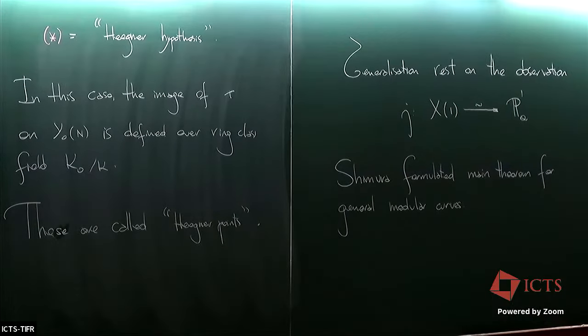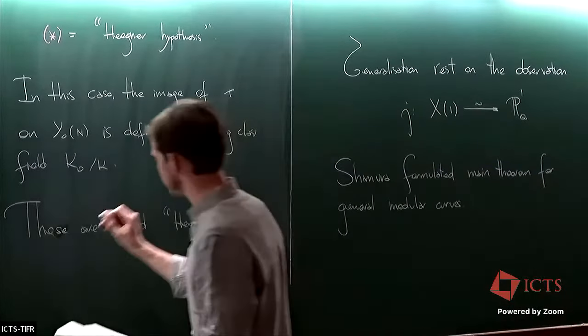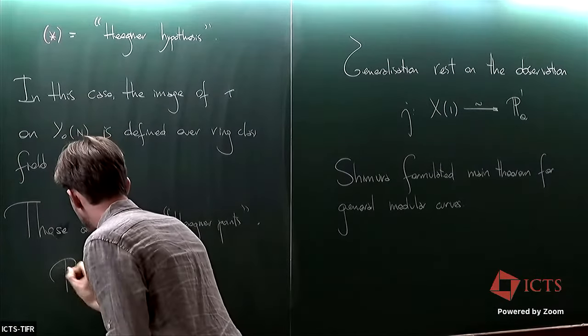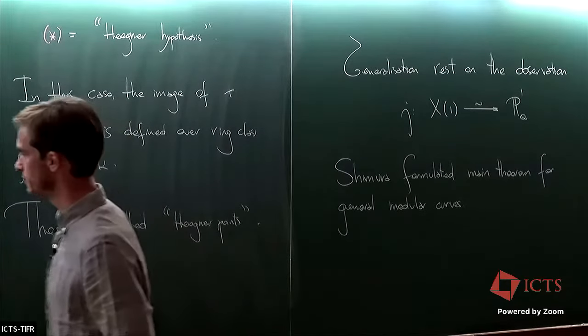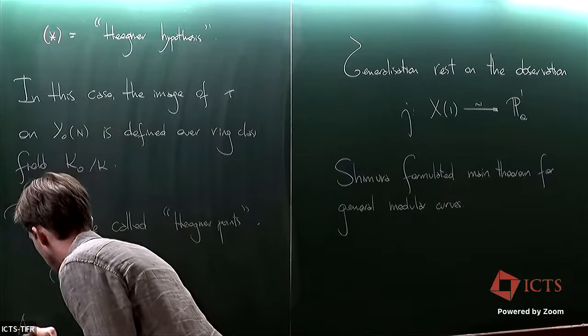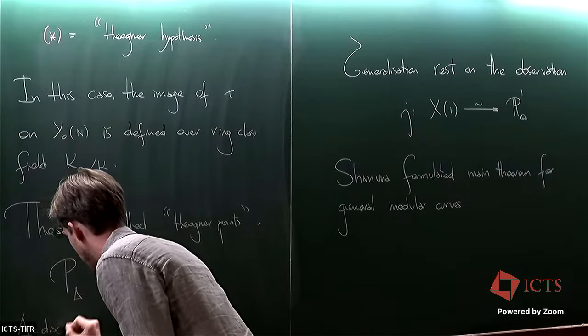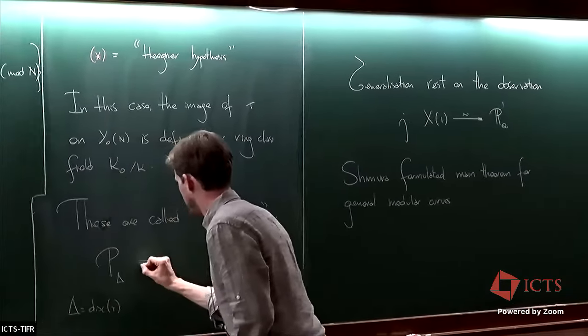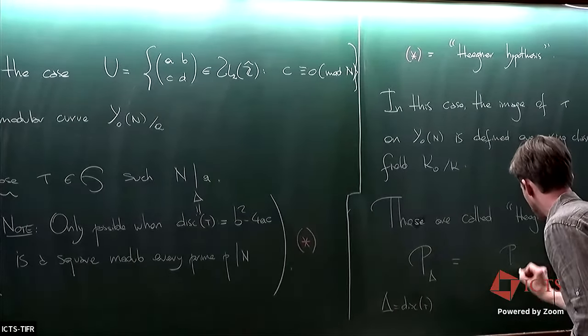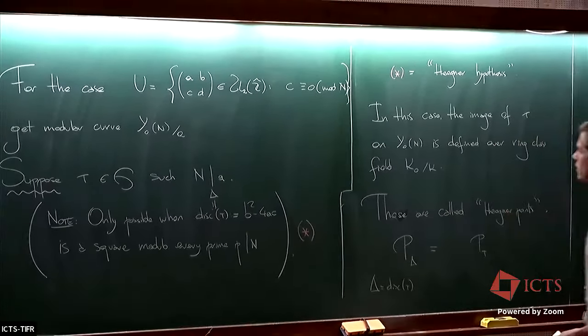Sometimes people call the following one the Heegner point. So we can also form P delta, where the discriminant of tau is usually called delta, to be the trace of that point, so I take that point P tau, I didn't give it a name.